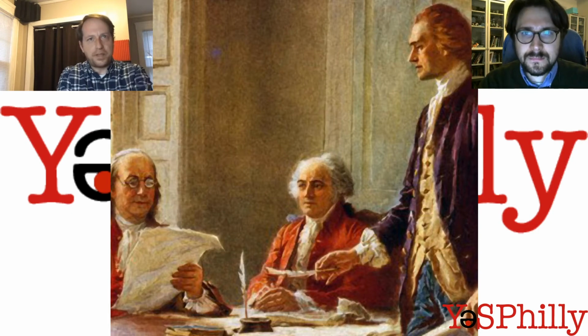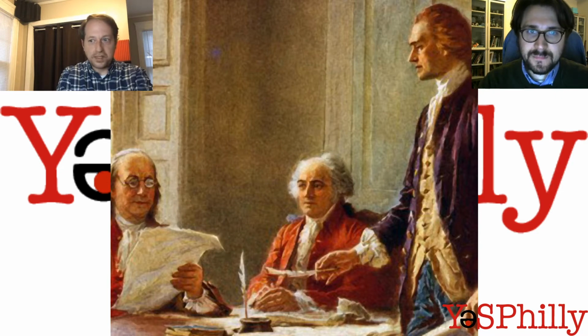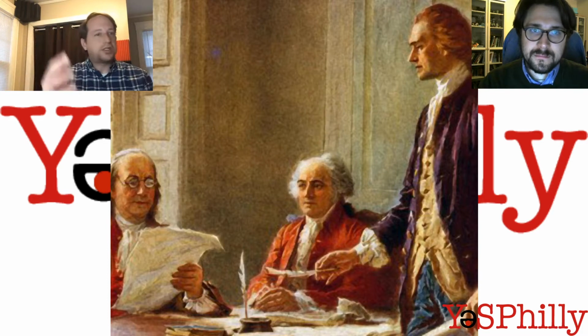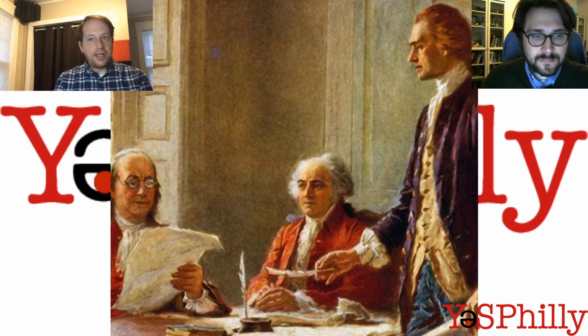So he put this all down on paper in a couple of days, and then the way that Congress worked was that the committee produced this document, which was Jefferson's draft, and it went to what was called the Committee of the Whole, which basically meant that the document went before the entire Congress, and anybody could suggest changes, they could suggest edits, and they debated Jefferson's draft quite vigorously over the space of a couple of days.